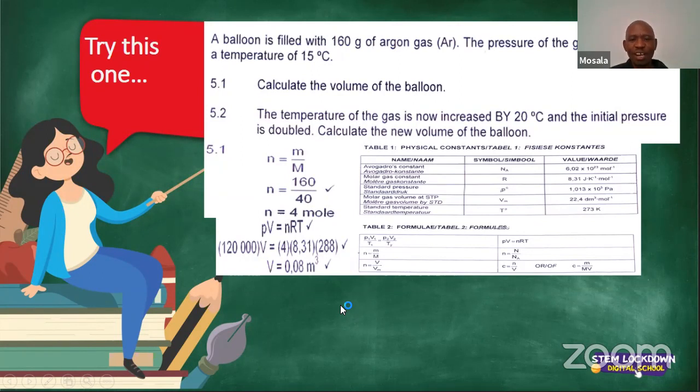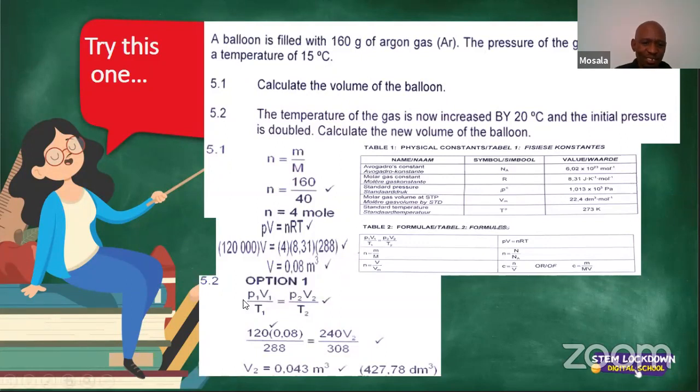Right, the next one: calculate the new volume if the temperature of the gas is increased by 20 and the initial pressure is doubled. Let's try to solve this one. Here, you are using this particular equation, let's just go back a bit.